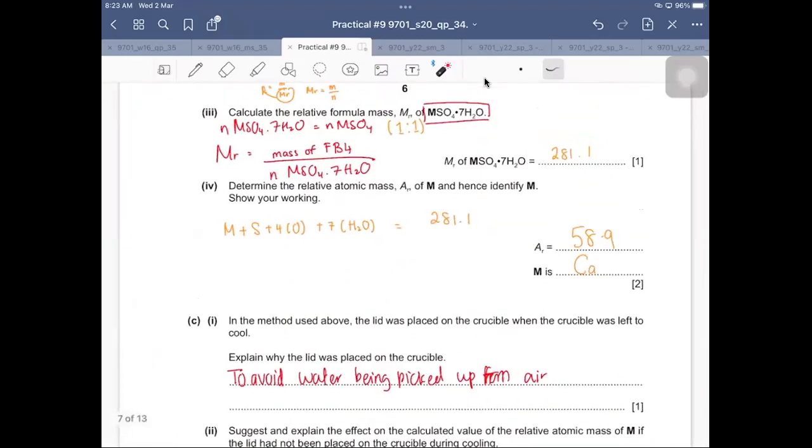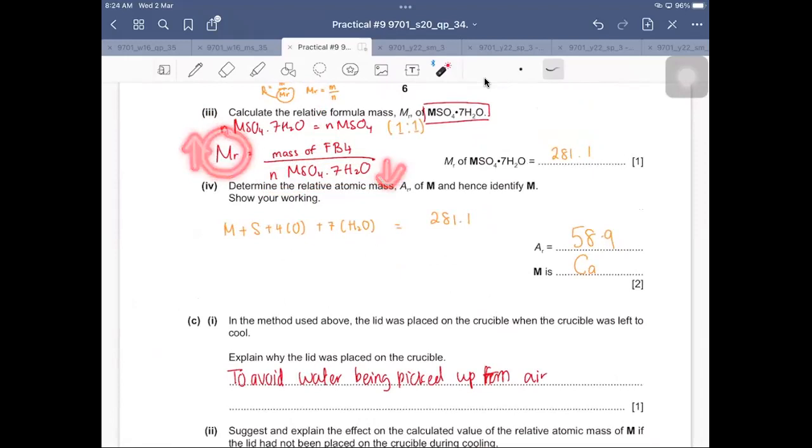Okay. So if the number of moles of MSO4 decrease, the number of moles of our MSO4.7H2O decrease as well, right? Okay. So it's like a chain reaction. The effect is continuous. Now, if our number of moles decreases, what happens to our MR? It increases.